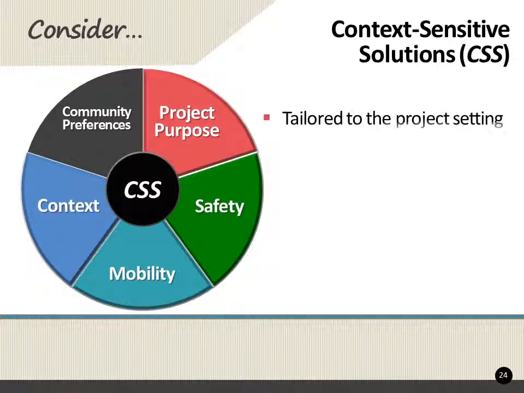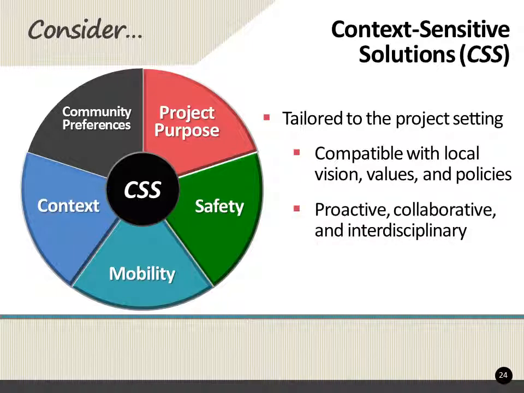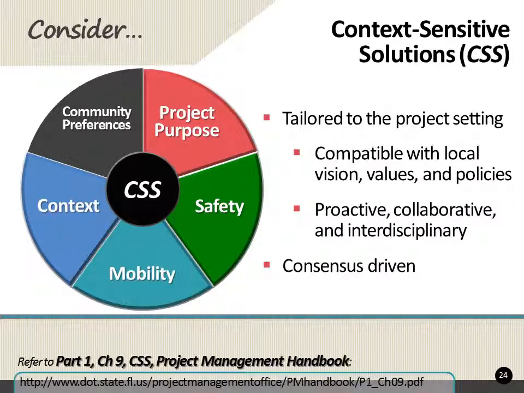Context-sensitive solutions are tailored to the context, are compatible with the local vision, values, and policies, are proactive, collaborative, and interdisciplinary, and are built on consensus. For more information on context-sensitive solutions, refer to Part 1, Chapter 9 of the Department's Project Management Handbook.